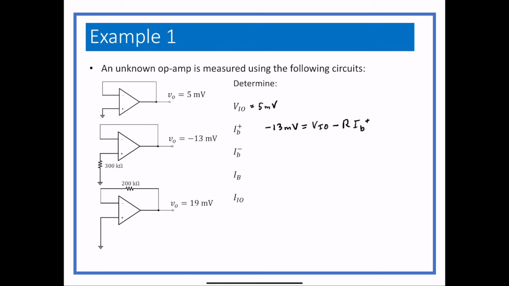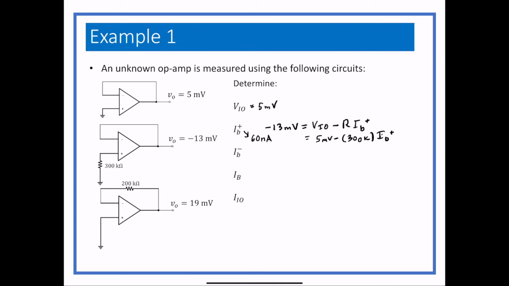So IB plus, we're going to have 5 millivolts minus 300K times IB plus. And when we solve that, we actually get 60 nanoamps for that value. Then for the third circuit, we can find IB minus.